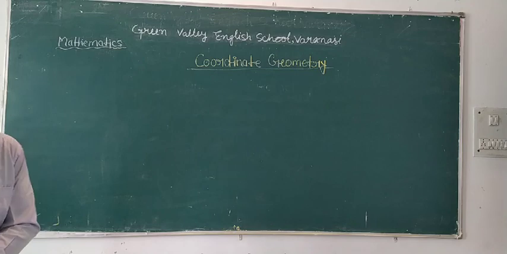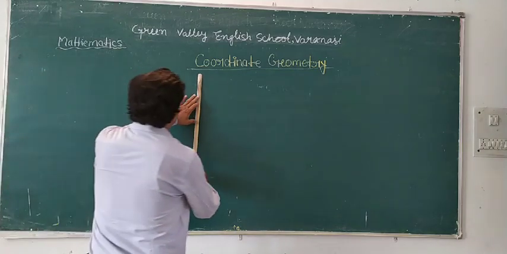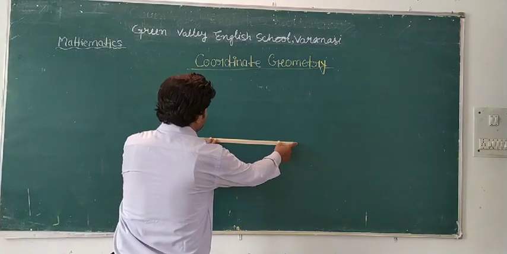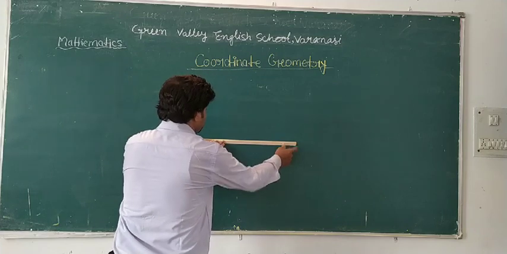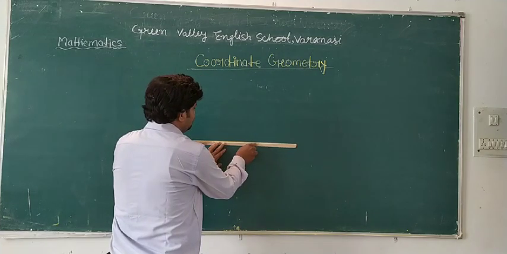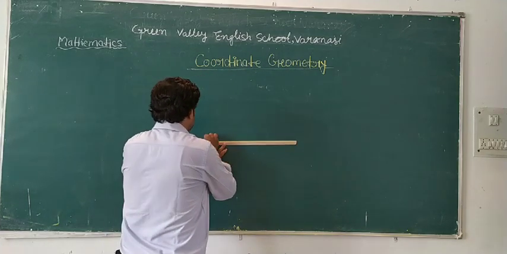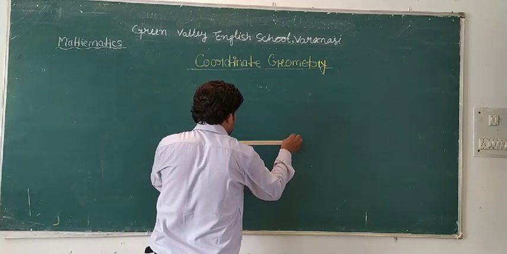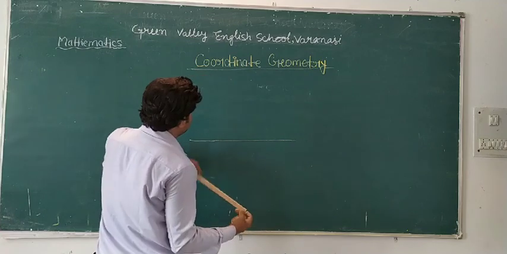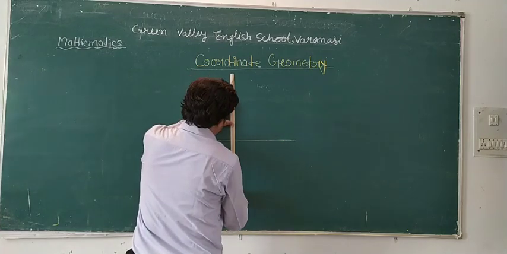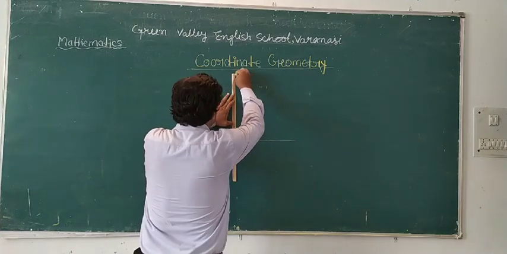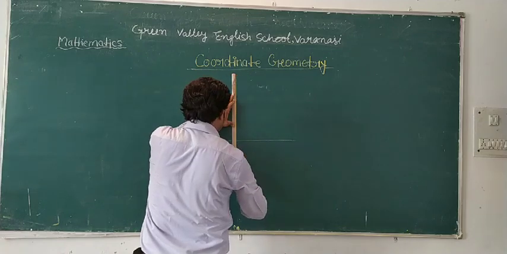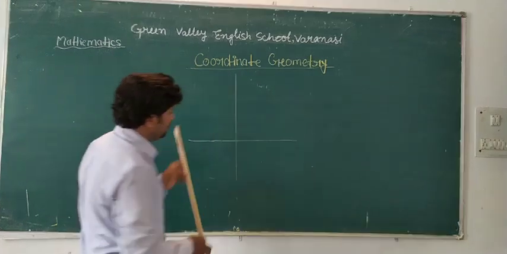Now first of all we will draw two perpendicular lines. First one, we draw a horizontal line, and next one a perpendicular line.